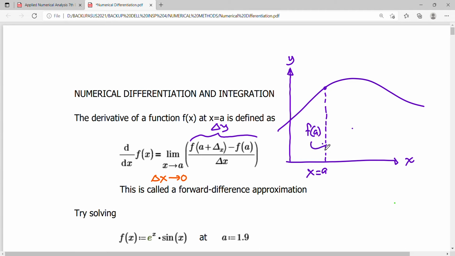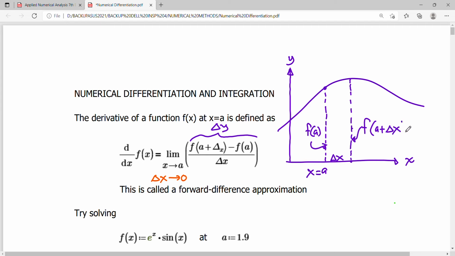Okay, so the measurement of such value, the height that is touching the curve at x equals a, is actually f of a, and maybe another value of f can be computed at a certain increment, let's say delta x, having of course a value equivalent to f of a plus delta x.